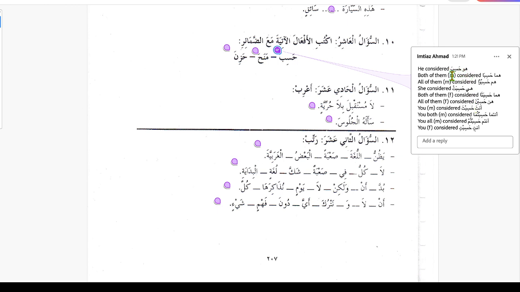When we say huwa hasiba, it means he considered. Huma hasiba, both of them considered. Hum hasibu, all of them considered.